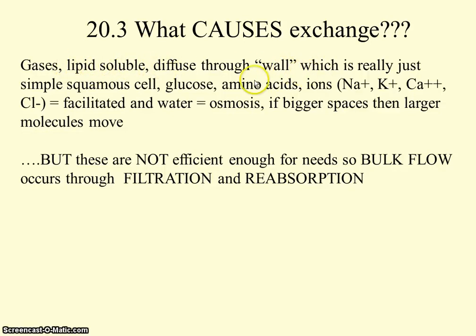So these will just move from the blood across the cells that make up the capillaries, since they're just simple squamous cells. Glucose, amino acids, and ions have facilitated transport, and water moves by osmosis, so it moves towards the higher solutes, or more stuff.